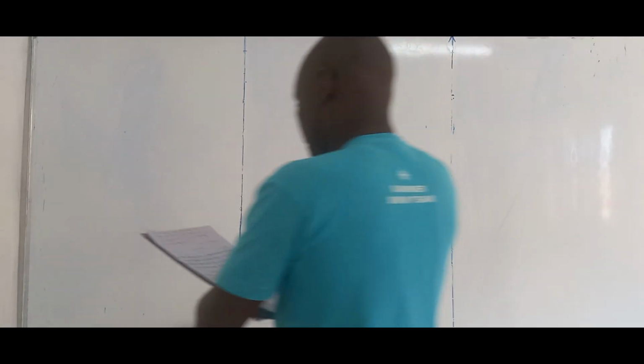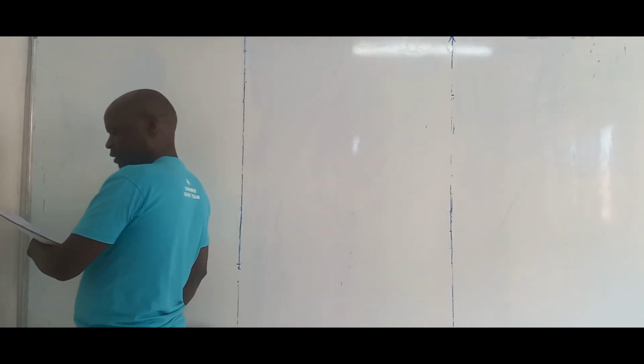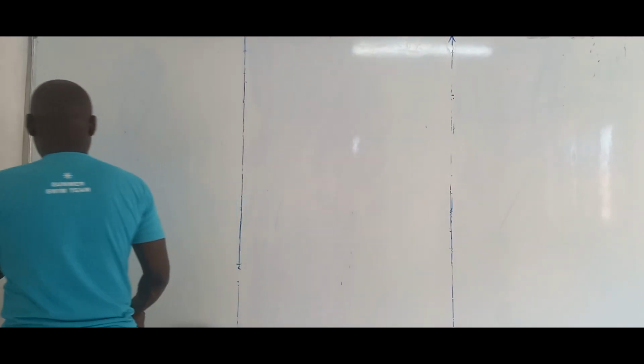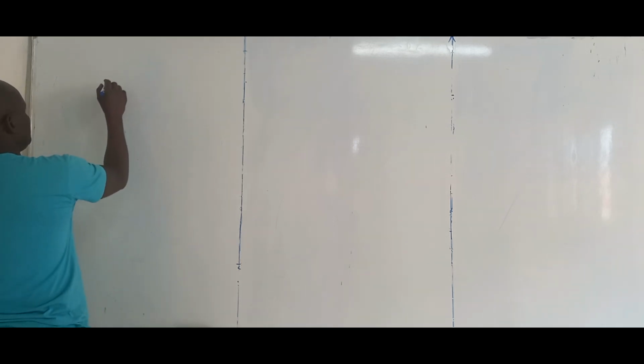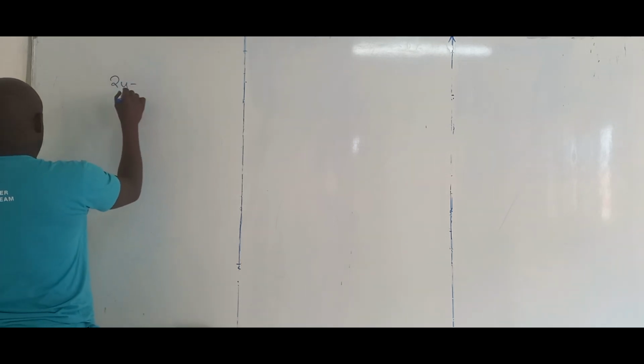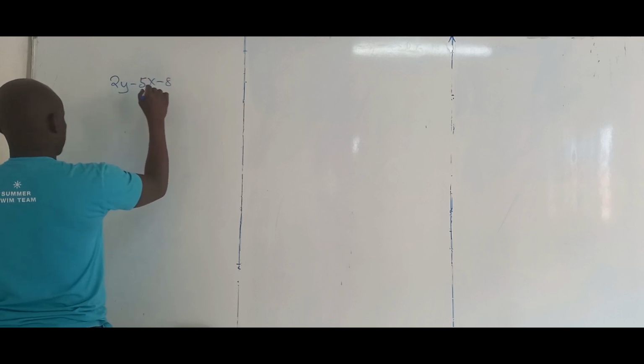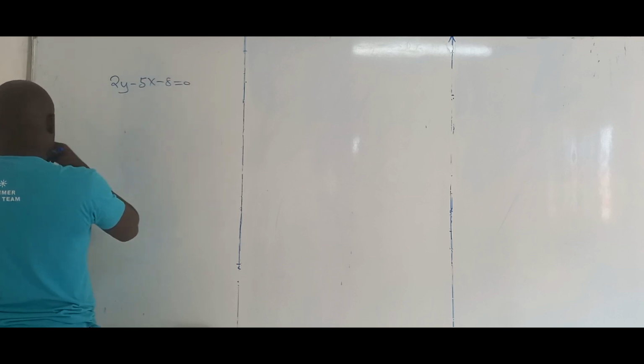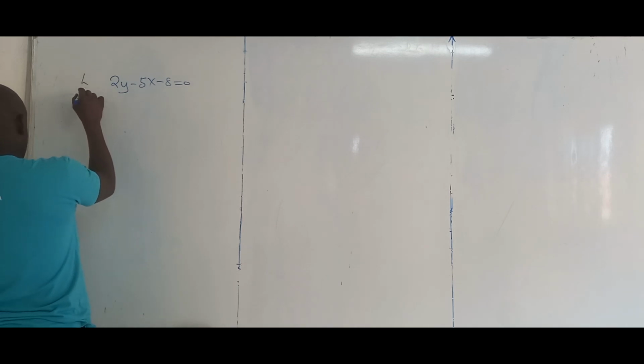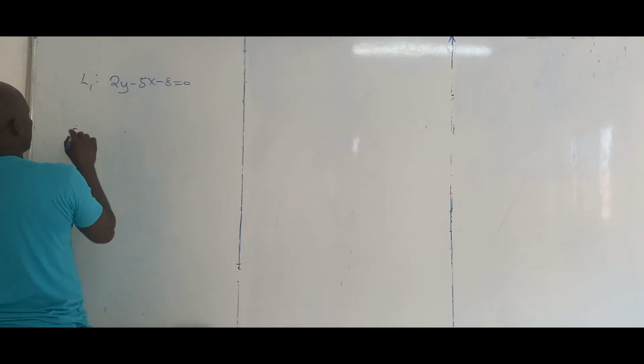We are given the equation of line 1 is 2y minus 5x minus 8 is equal to 0. That's line 1.